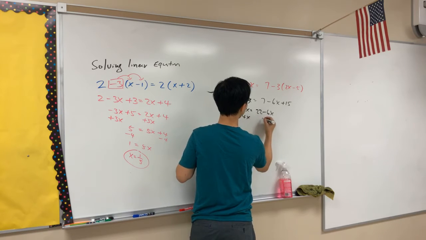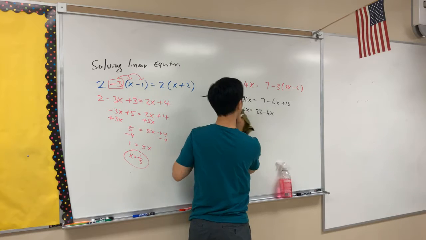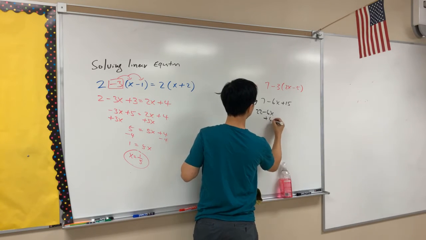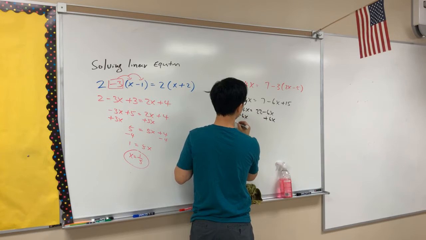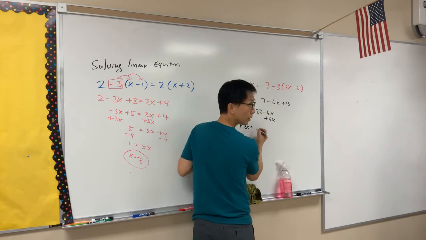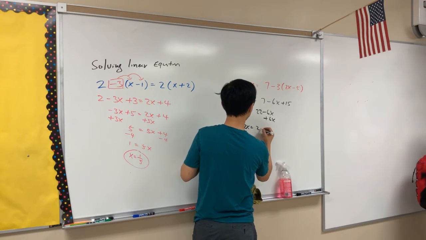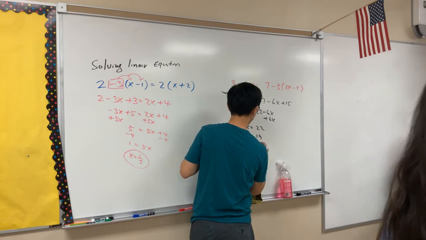Add 4x. I'm going to add 6x. So that's going to be 3 plus 2x is equal to 22. So 2x is equal to 19. x is equal to 19 over 2.